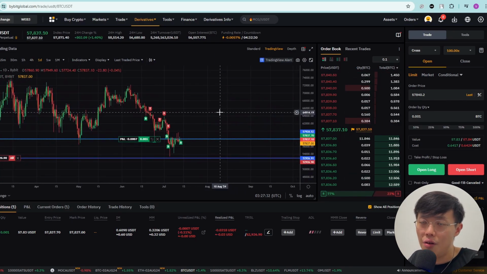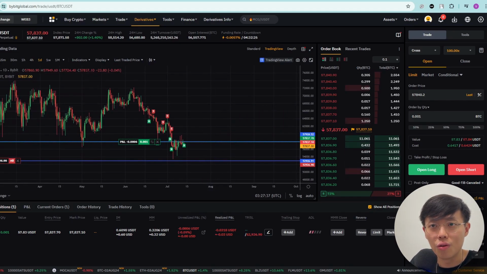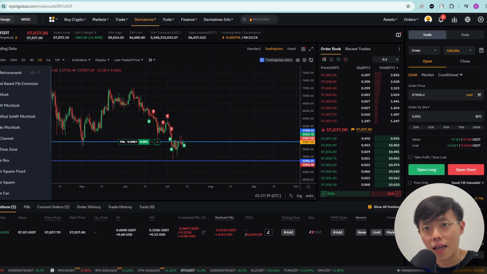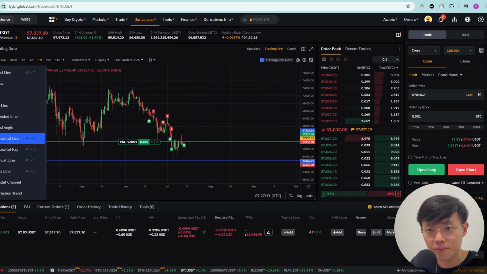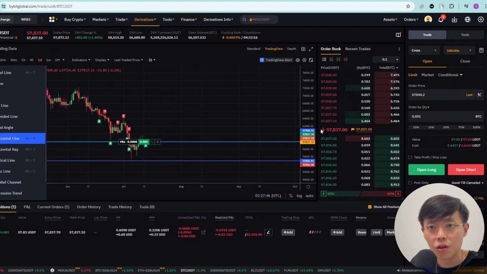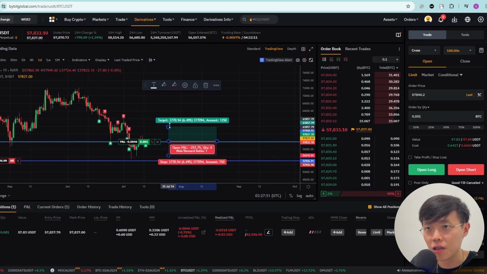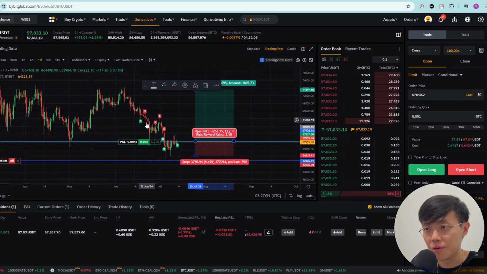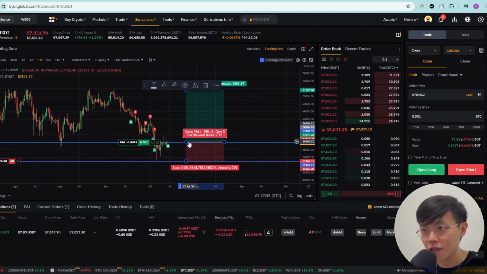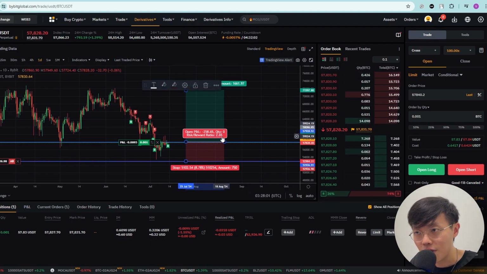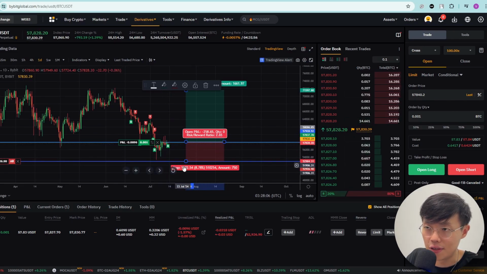Everyone was talking about risk reward ratio. So if I put the risk reward ratio tool on a long position, with the previous high and this as my low, my risk reward ratio right now is 2.65. It means my risk is 5 USDT.